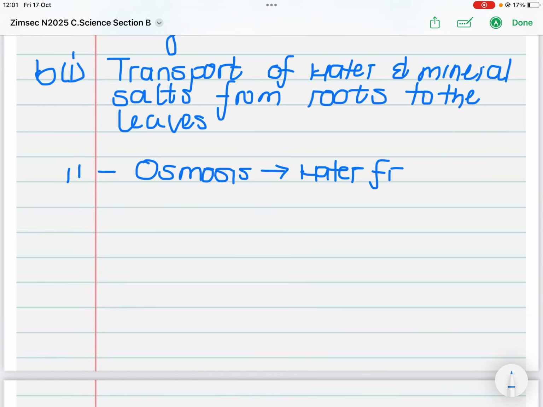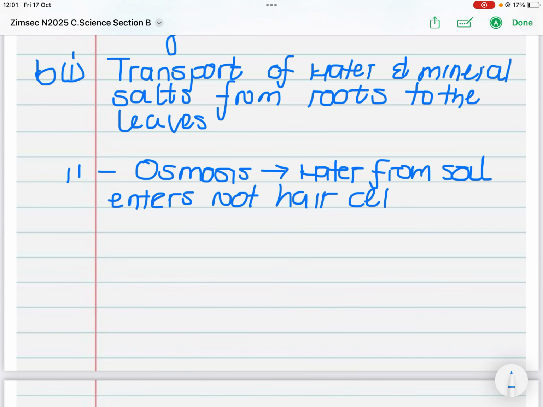The water is not coming from the root hair cells, but it is coming from the soil. So we are saying the water from soil enters root hair cells through the process of osmosis, right?